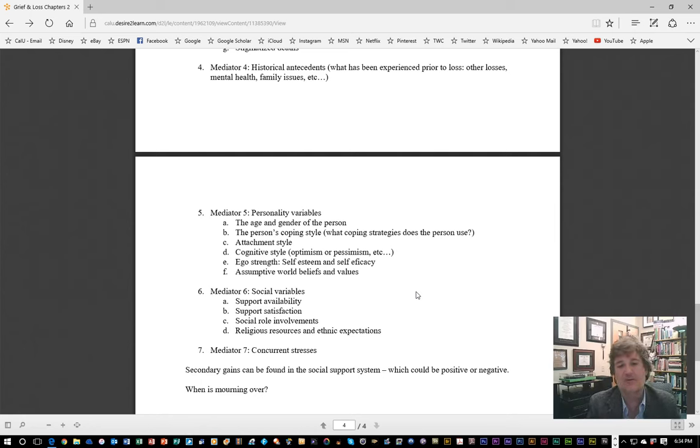When is mourning over? Well, we talked about the year of firsts. The normal grieving process, the most intense grieving, is at least a year. And then we begin to reframe after that first year. If it goes on longer than 2 years in an intense way, we might consider complicated grieving. Maybe, depending on the intensity, even after 1 year.